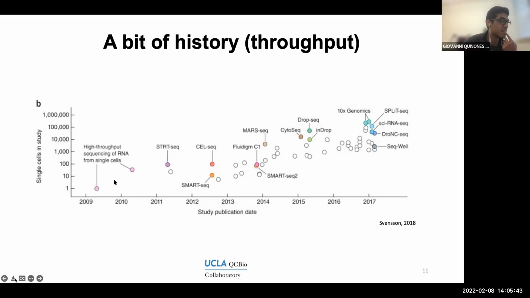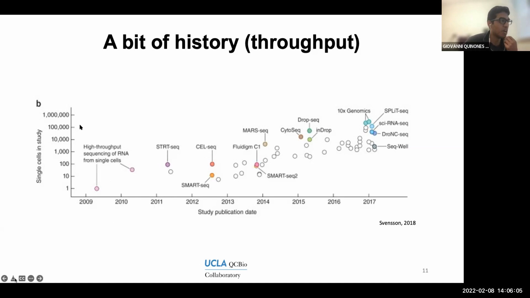But then in the next year, they were able to produce a few dozen cells. And you can see that throughout the last 13 years, the number of single cells that people were able to sequence has been increasing exponentially.